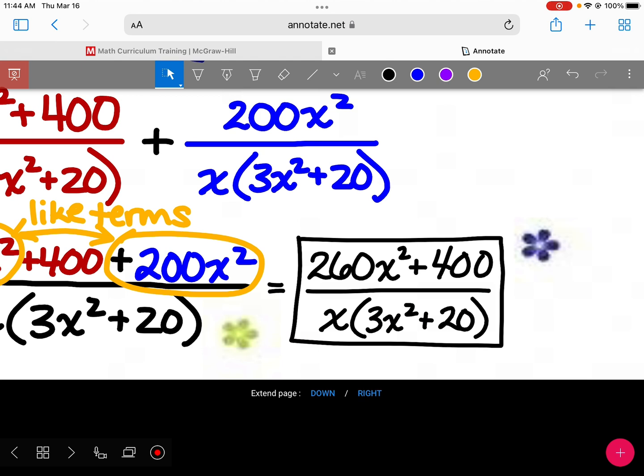I can only combine like terms together. Since the 60 had an x squared with it and the 200 had an x squared with it, I can combine those together.